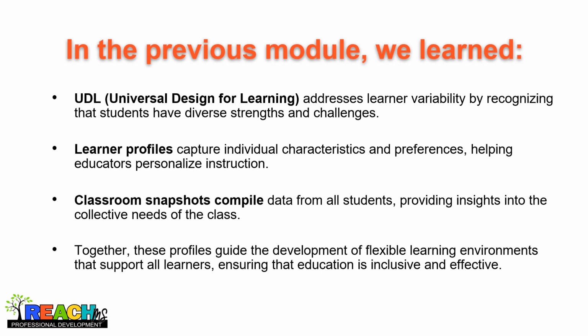In Module 2, we learned that Universal Design for Learning addresses learner variability by recognizing that students have diverse needs and preferences.